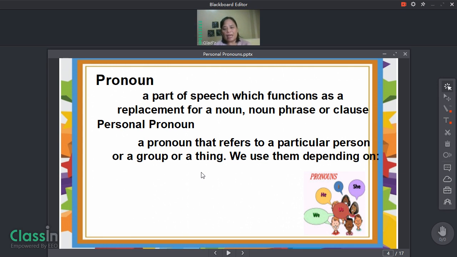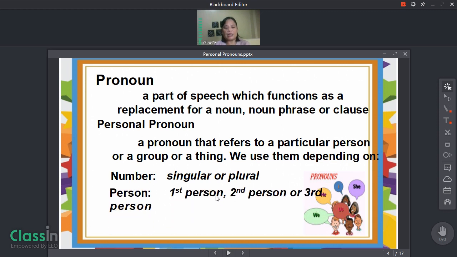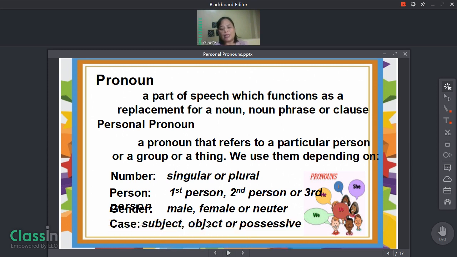We use them depending on the number, whether singular or plural, depending on the person, whether first, second, or third person, with the gender, whether male, female, or neuter, and the case, whether subject, objective, or possessive case. So that is a personal pronoun.